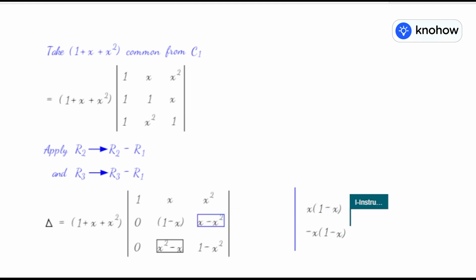In 1 minus x squared, I have two factors, 1 minus x and 1 plus x. So take 1 minus x common from R2 as well as from R3. So we have (1 minus x) whole squared common, and already the factor 1 plus x plus x squared is there.